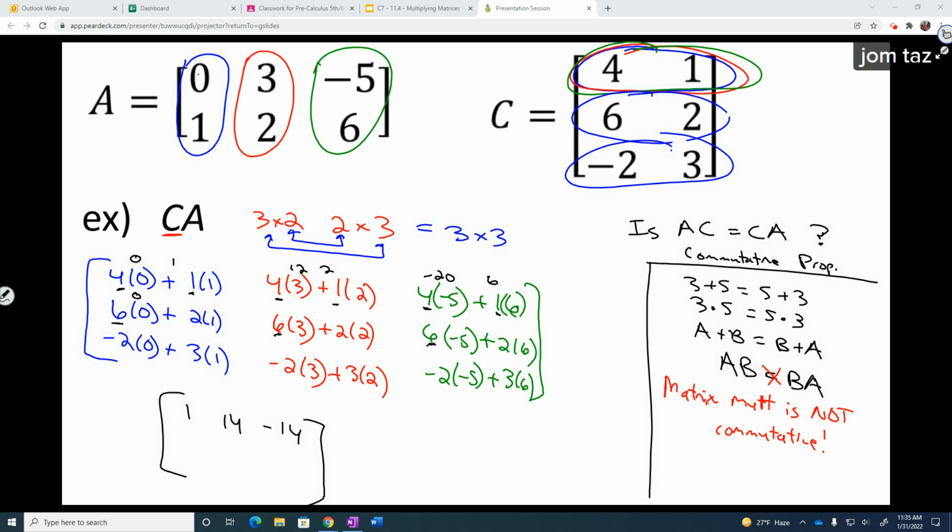Here we got 0 and 2, it's 2. 18 and 4, 22. -30 and 12, which is -18. 0 and 3 is 3. -6 and 6 is 0. And 10 and 18 is 28. So that is right.